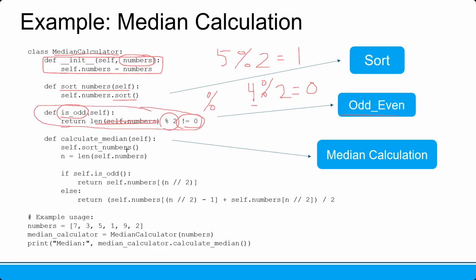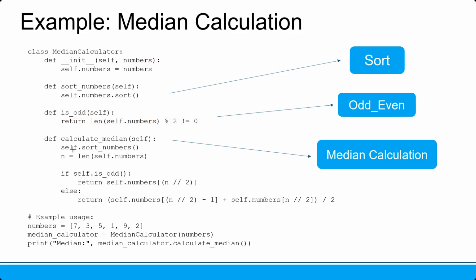And then we have another module to calculate the median. So first, we will do module 1, which is sort number. And then we want to check with the second module.